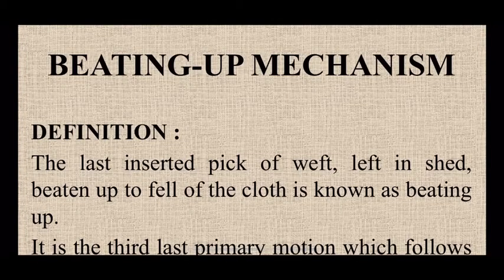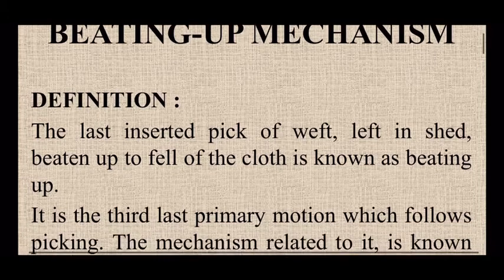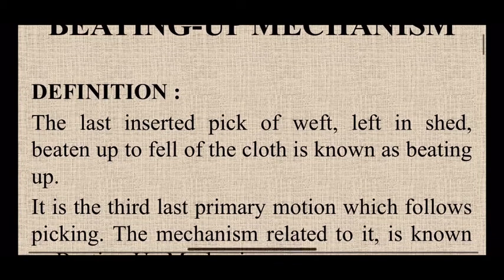Hello students, today we are taking the third primary motion, that is known as beating up mechanism. It can be defined as the last inserted pick of weft left in the shed being beaten up to the fall of the cloth, which is known as beating up.